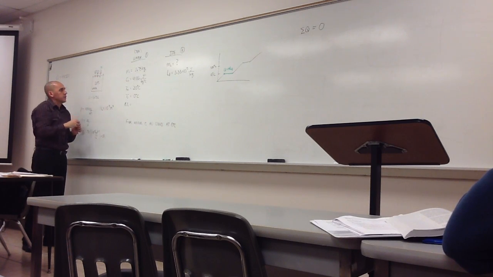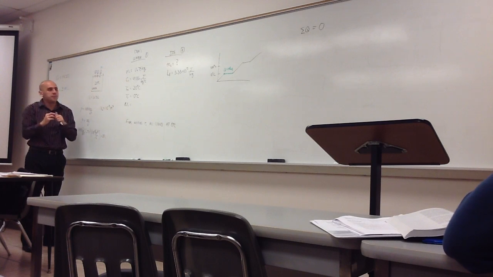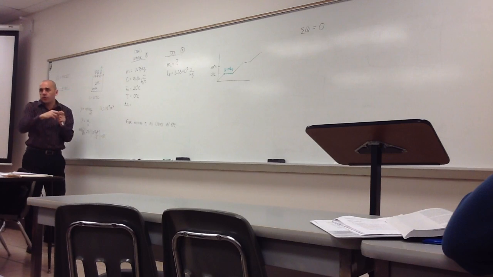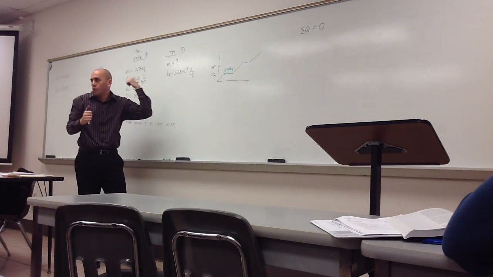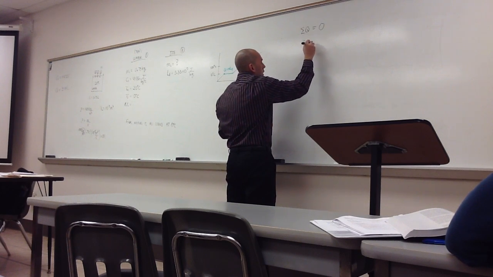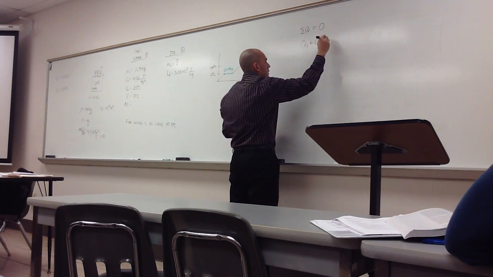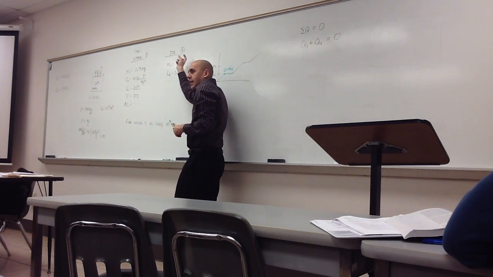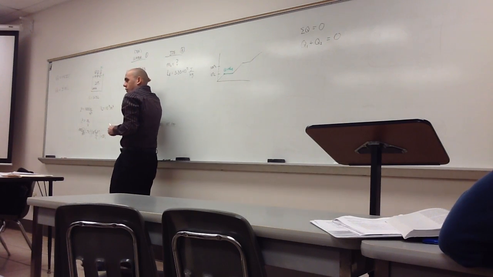But then the temperature of the room might be something different. Eventually this is going to warm back up to room temperature. But we're not looking at anything else other than just the water and the ice right now. We have just those two Q's, the Q1 and the Q2. Now with the Q2, we have to choose the sign of that Q2 on our own. What sign would that be?